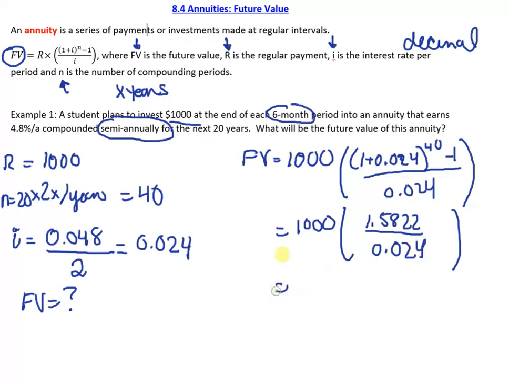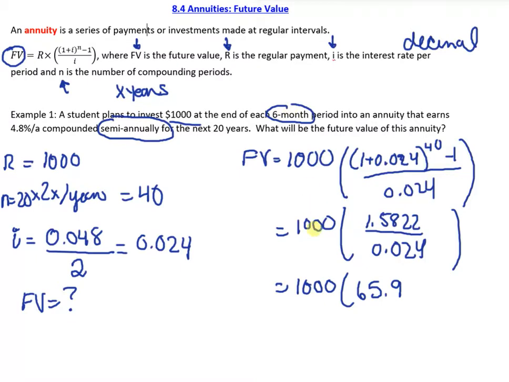Now let's divide that by 0.024, and I'm leaving this in my calculator. If you re-enter this 1.5822 into your calculator, you may not get exactly it, it may be a decimal or 2 off, but that's okay. I just left it in my calculator because it's easier.